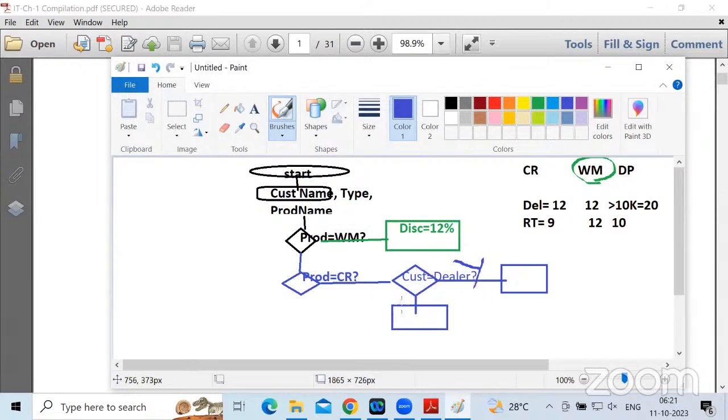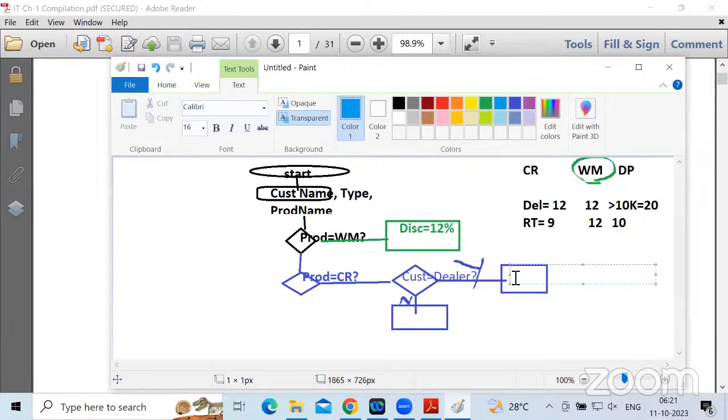Y is equal to yes, N is equal to no. If it is yes, then the discount we have to check. If he is a dealer, what is the discount? Discount is equal to 12%.